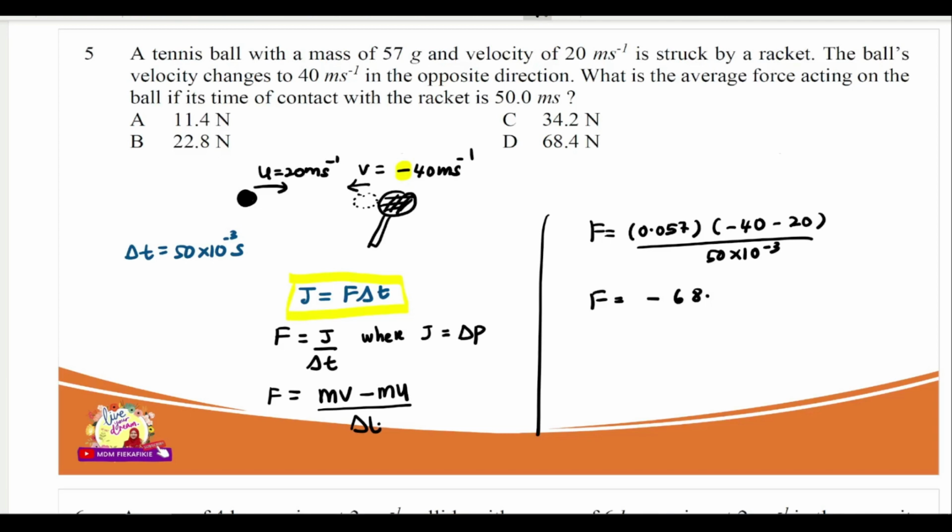So the average force acting on the ball is 68.4 Newton. So the direction is opposite, so negative, and the answer is D. Alright, so finish question 5.